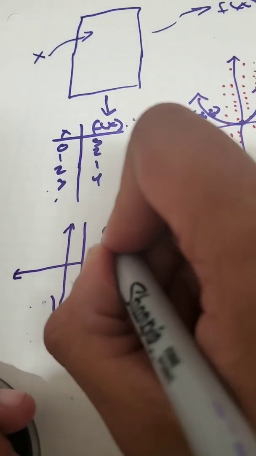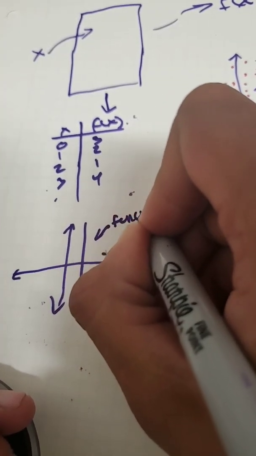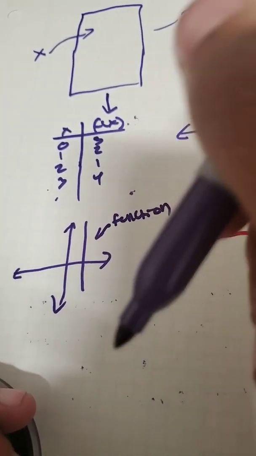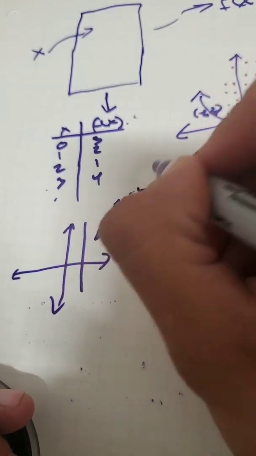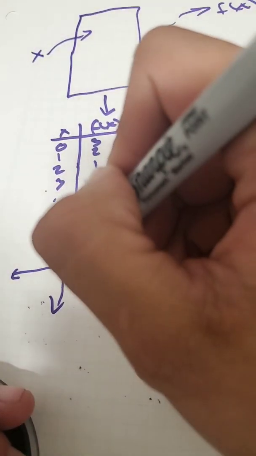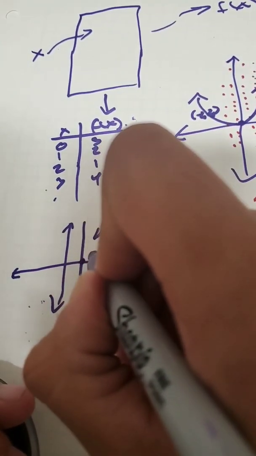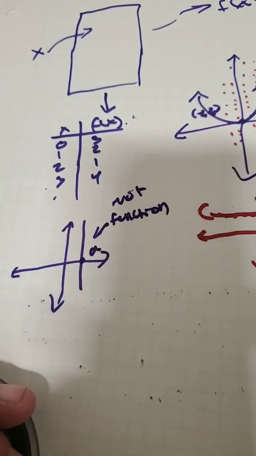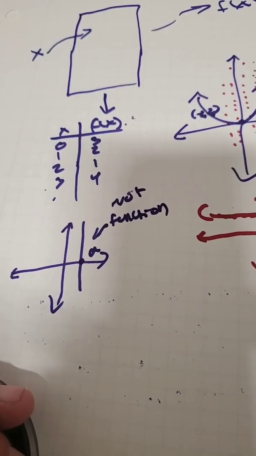So this is not a function. The reason is that it intersects multiple points for one value. Call this A. There are multiple values for the input value of A.